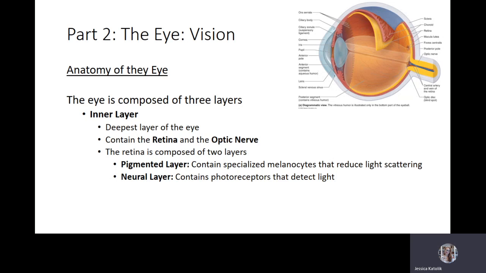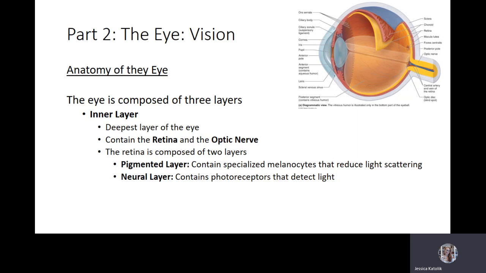And this melanin is going to absorb excess light, and it's going to help prevent light from scattering in the eye. So this is going to ensure that we don't accidentally activate photoreceptors in our retina by having light bounce around in our eye. So it will absorb that excess light.